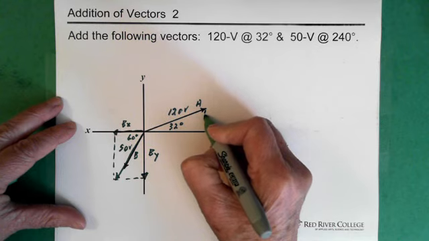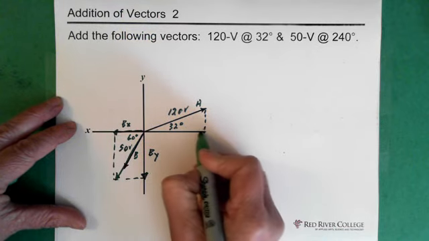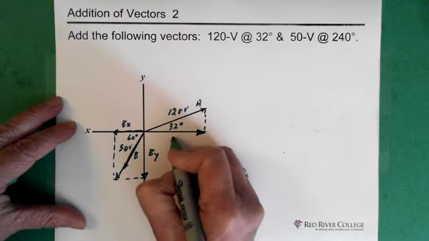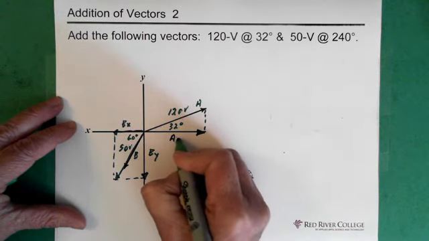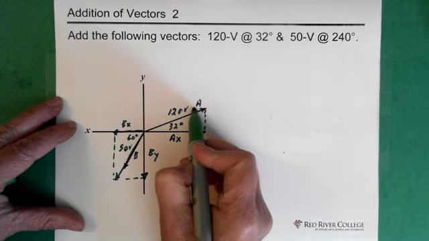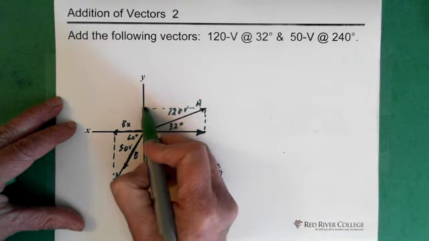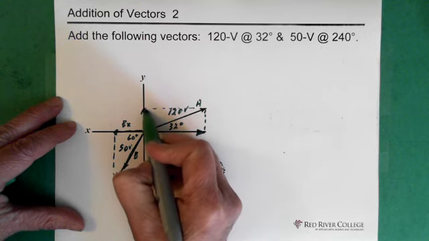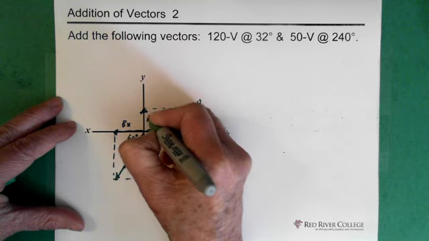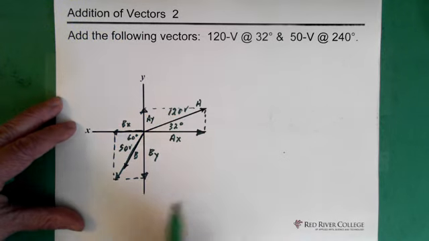And when we look at our vector A, we can just draw a line straight down here to get the x portion of A, which is here. So there's AX. Then we draw a line directly perpendicular to the y-axis to get A in the y direction.